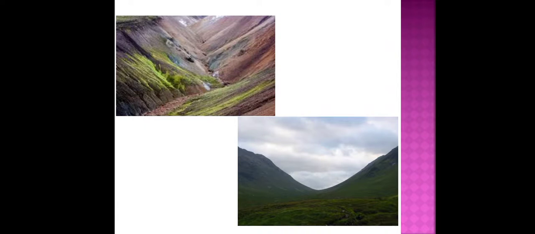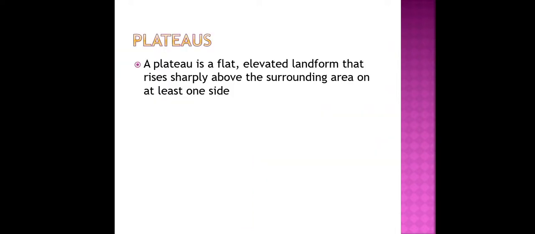Then move towards the plateaus. A plateau is a flat, elevated landform that rises sharply above the surrounding area on at least one side. In other words, it is a flat land that is standing high above the surrounding area. Depending upon the plateau, heights vary from a few hundred meters to several thousand meters on the surface of Earth.